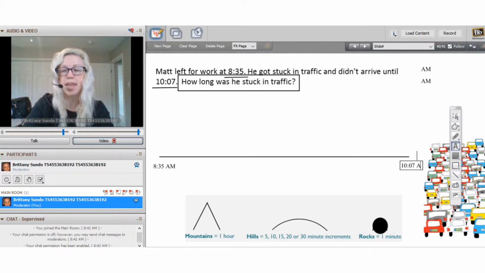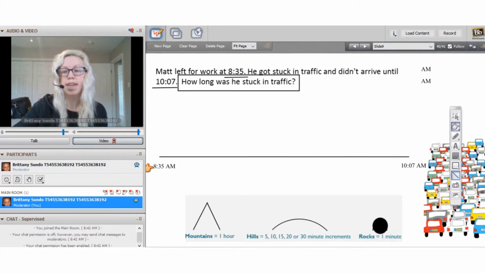So we would have 10:07 a.m. Now that I have my start and end time listed on my number line, I'm ready to begin placing my mountains, hills, and rocks. The first thing you're going to want to do is look at your start time. See if it's a friendly number. Is it a number that you can skip count easily by?